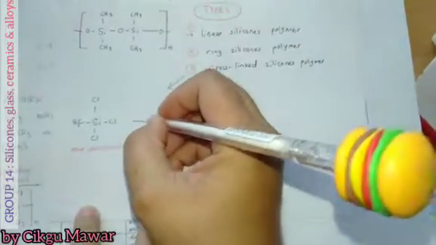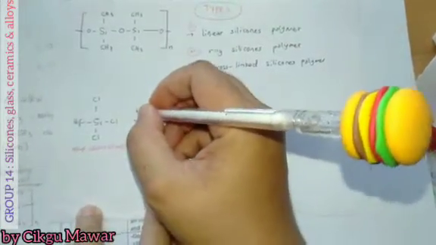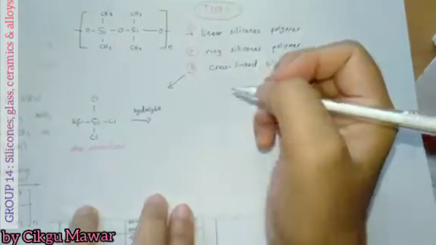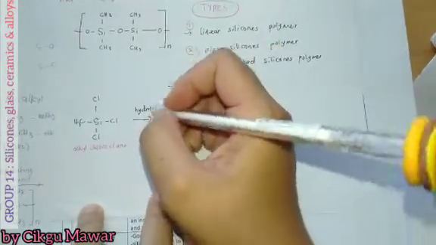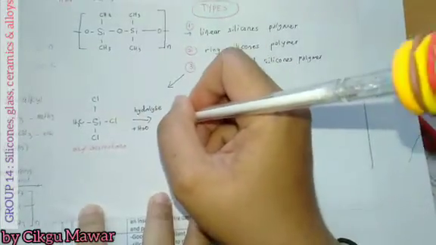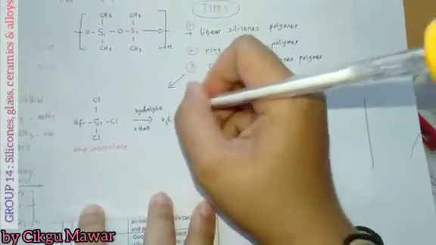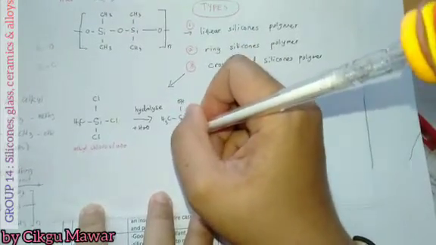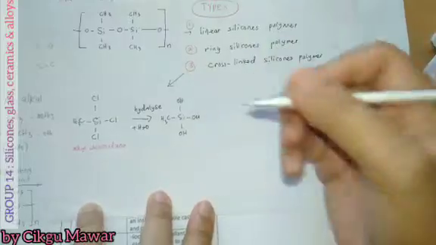For the first step, we hydrolyze the alkyl chlorosilane by adding H2O. So we will get a compound that consists of 3 OH.